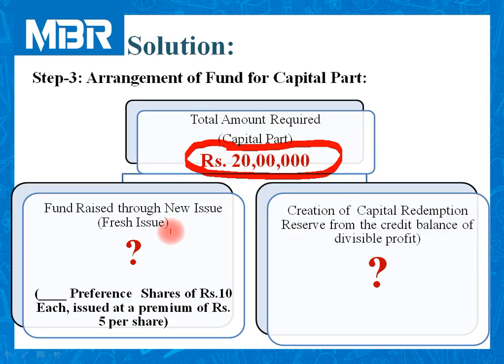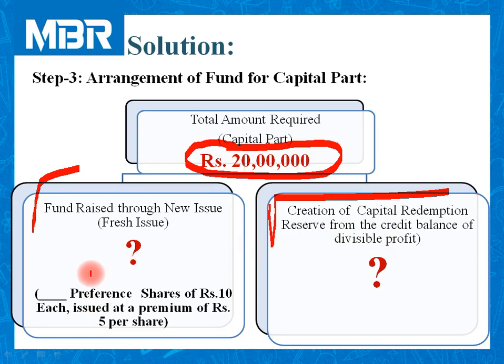And we need to raise our fund using two different options. First, issue of new securities, and second, creation of CRR from the credit balance of divisible profit.